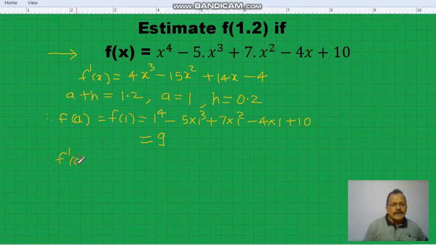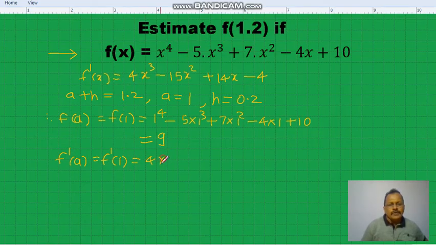F dash a equals f dash 1, which is 4 into 1 cube minus 15 into 1 square plus 14 into 1 minus 4.